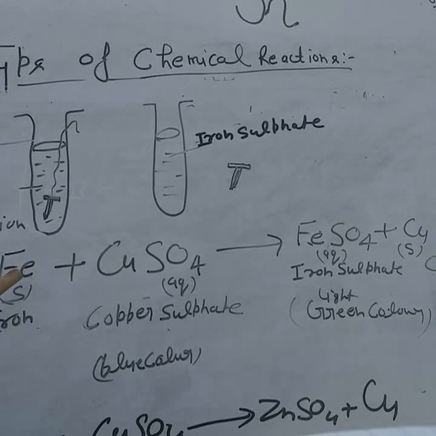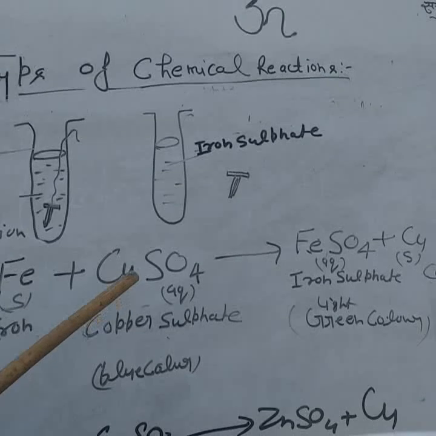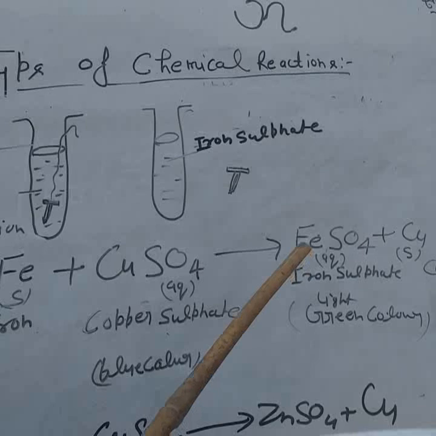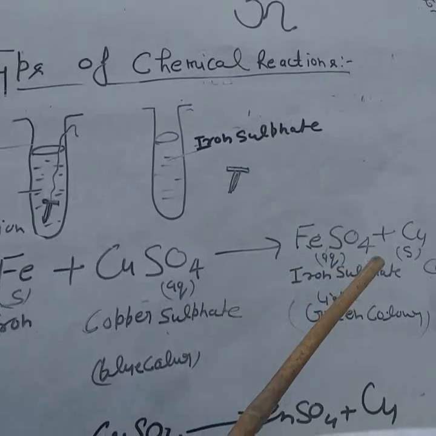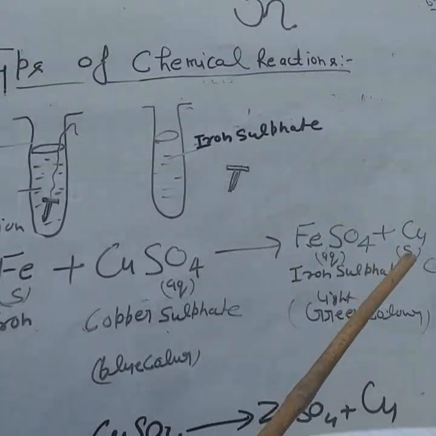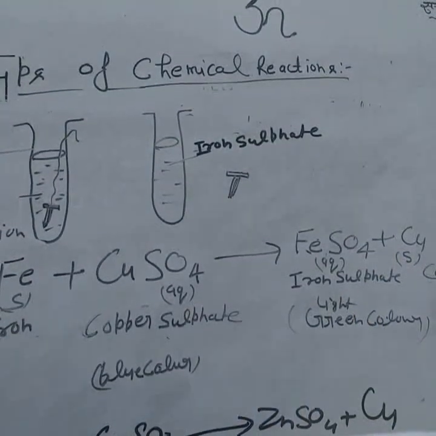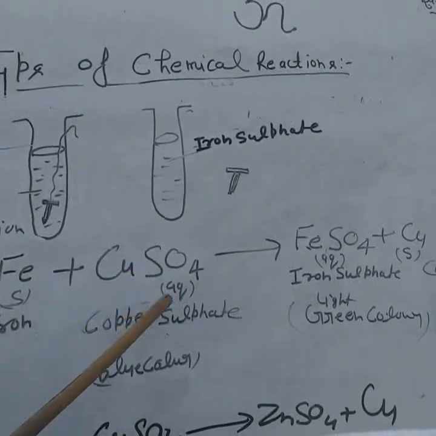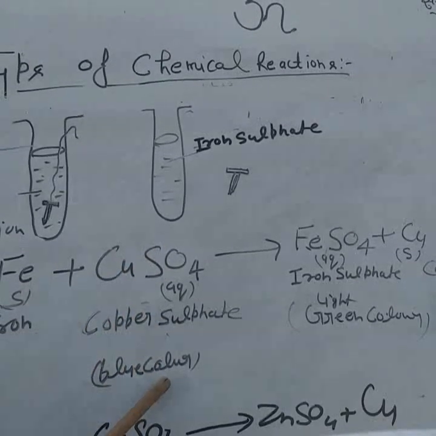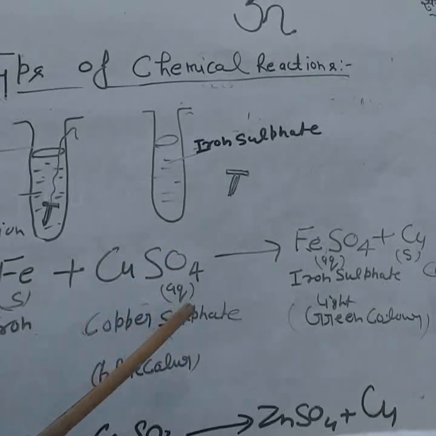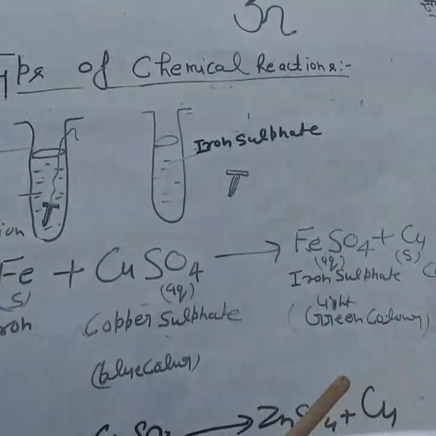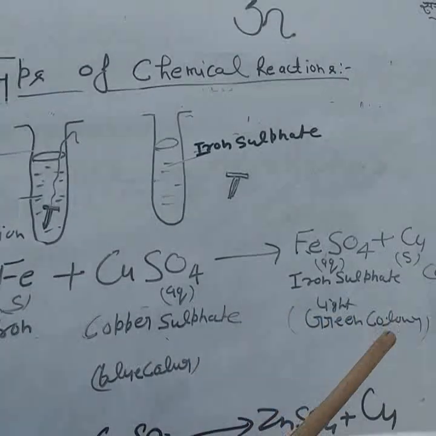In this reaction iron displaced the place of copper and new products iron sulfate and displaced copper are obtained. Copper sulfate's actual color is blue. When an iron nail is dipped in it, it displaces copper's blue color and gives iron's green color.